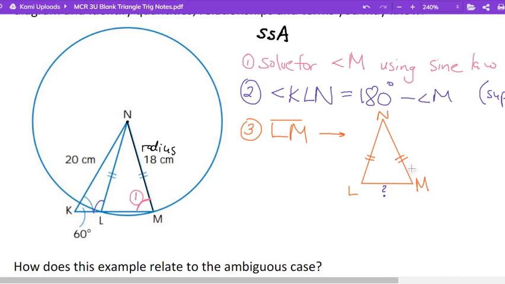All right. So in this triangle, I know that the two sides are 18 centimeters long. I know angle M because I solved for it. I'm just going to put an M here. Which other angle do I know right away? Yeah, Mustafa.